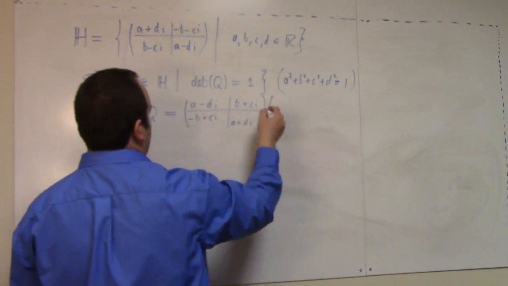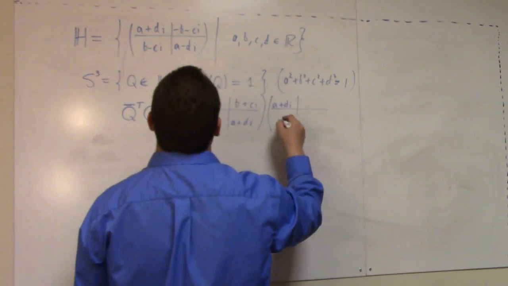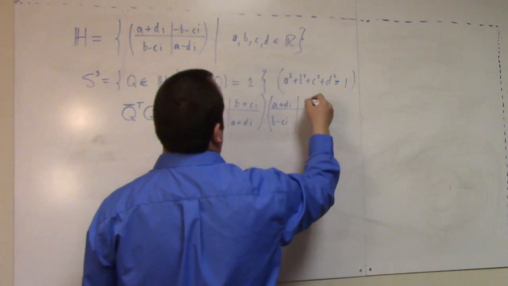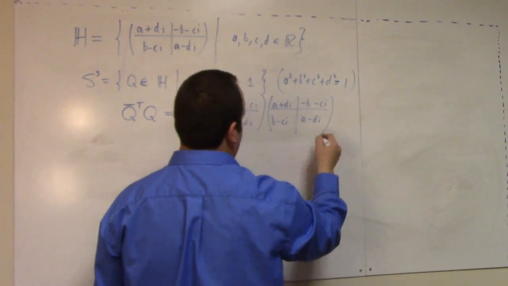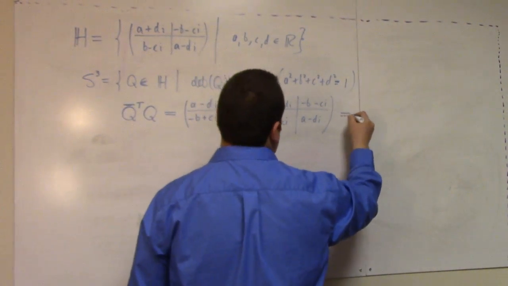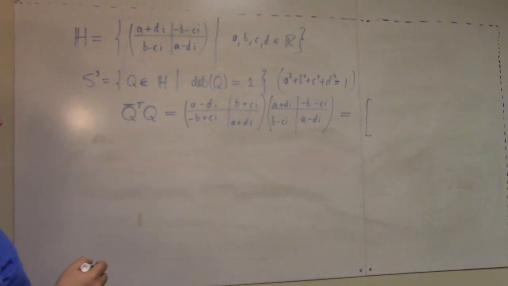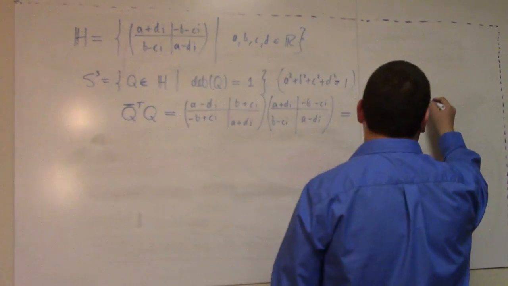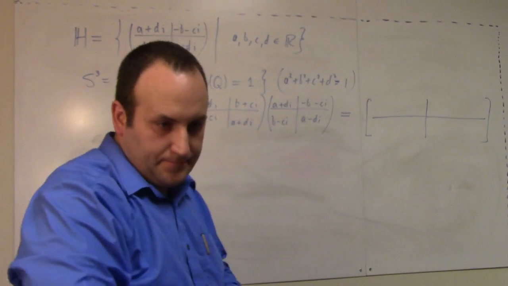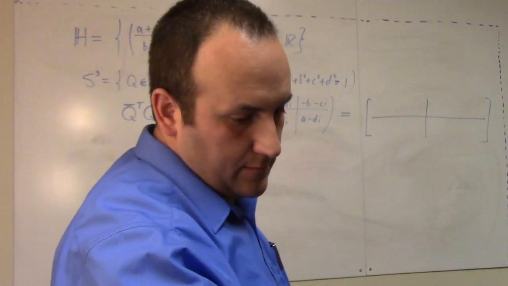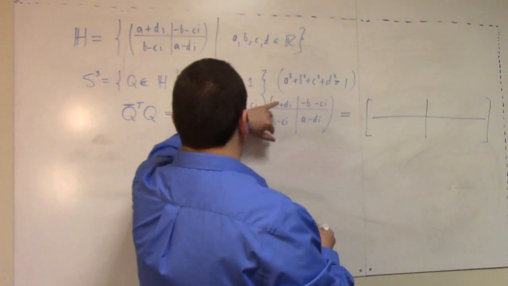So what happens when you multiply this by Q? All the conjugate did in the conjugate transpose was switch entries 1 and 4, basically.